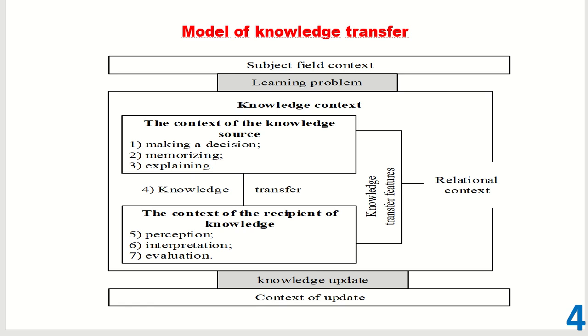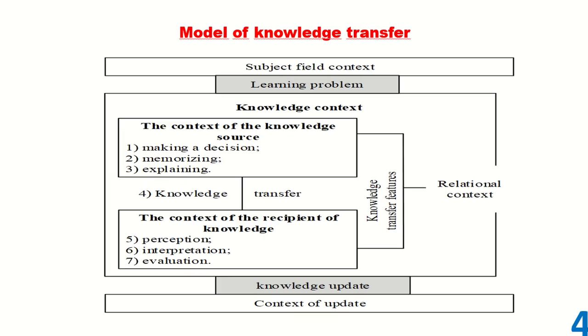knowledge update, because the very nature of knowledge is the need for constant update, and that is the main difference from classical data or content, content in the broad understanding.